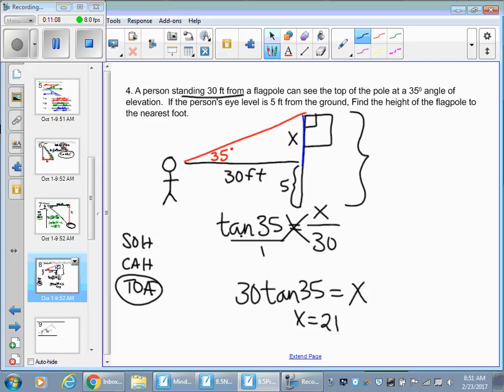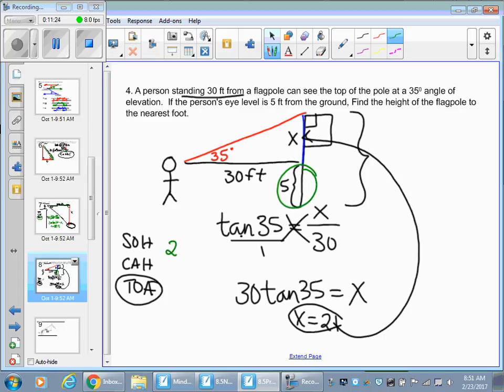That's not the answer. This x equals 21 is just this much of that flagpole. We have to add the rest of it. So 21 plus 5 equals 26, and that's feet. That's your answer.